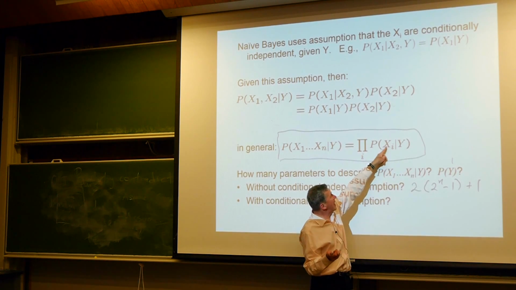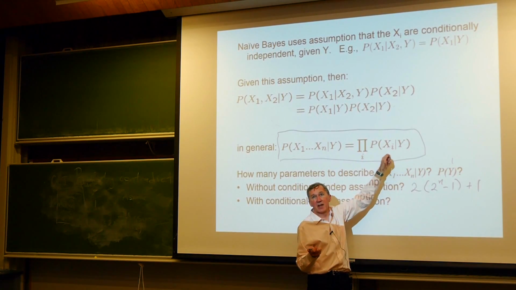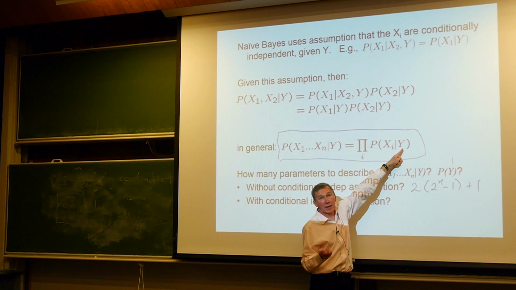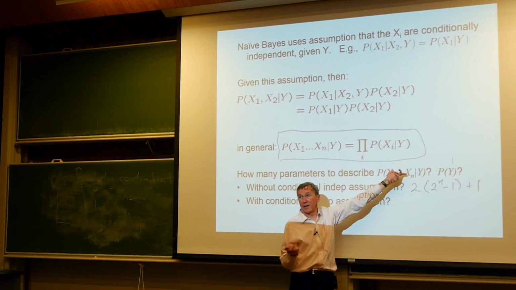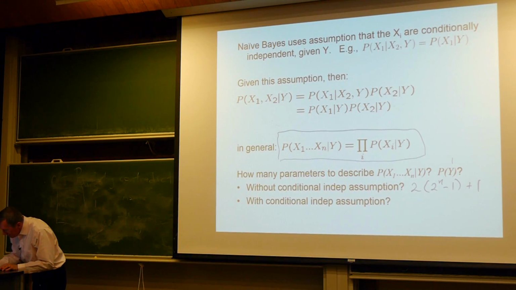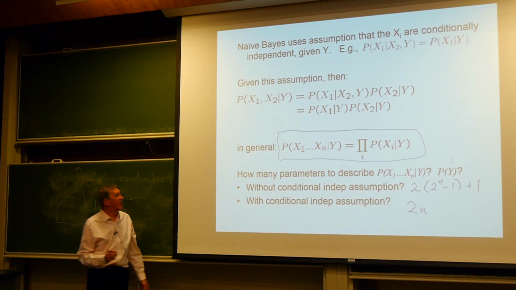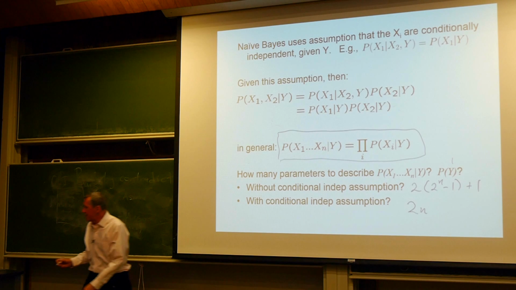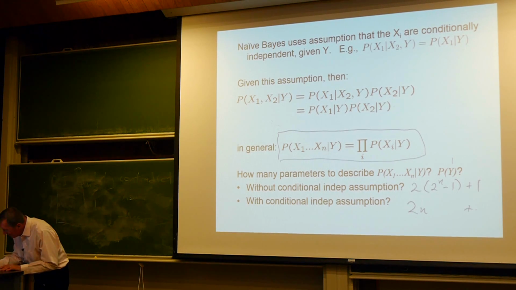So for each of these x of i's, we'll need 2 parameters: the probability that it's 1 given that y equals 0, and the probability that it's 1 given that y equals 1. So we get away with 2 times n. And of course, we still need the 1 for p of y.